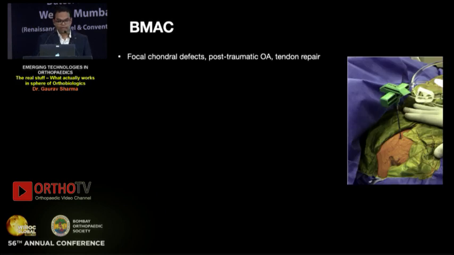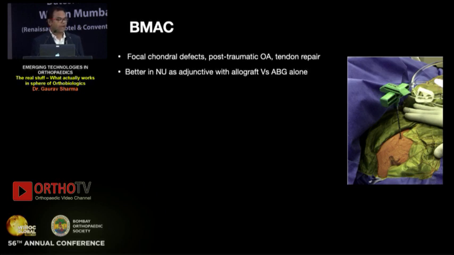Coming to BMAC, it is primarily used for focal chondral defects, post-traumatic osteoarthritis, and tendon repairs. We have level 3 and 4 evidence which states that BMAC is better in cases of non-union when used as an adjunct with allograft versus autologous bone graft alone.